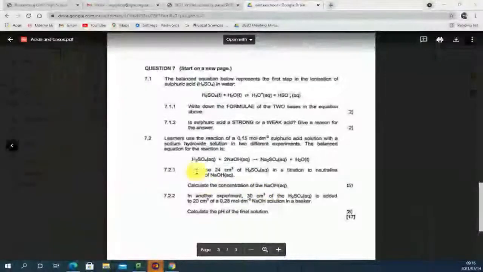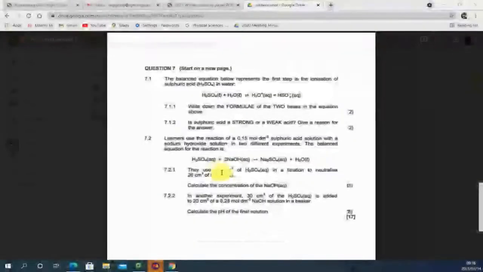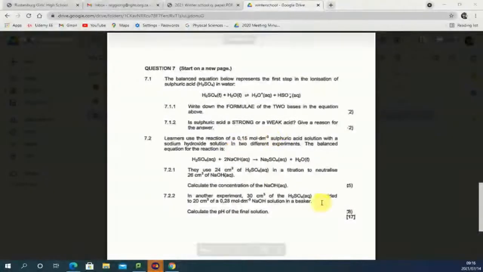Right, so I remind you, and look, they use 24 centimeters cubed of sulfuric acid to neutralize 26 centimeters cubed of sodium hydroxide. And the concentration of the sulfuric acid is 0,15.